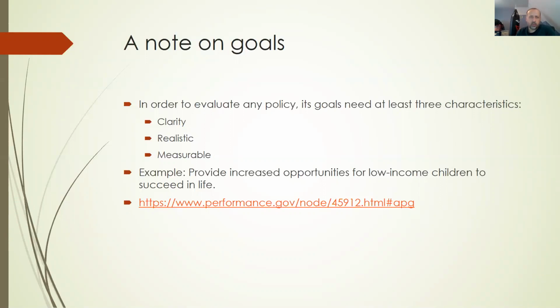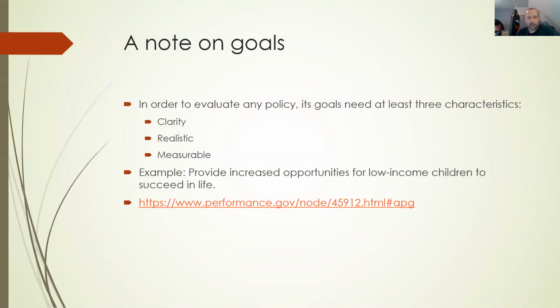The second one is the goal has to be realistic. It has to be something that we can actually achieve. That's why we talk about the goal isn't to eliminate poverty. It isn't to eliminate government fraud and waste, because unfortunately, those things are going to exist.